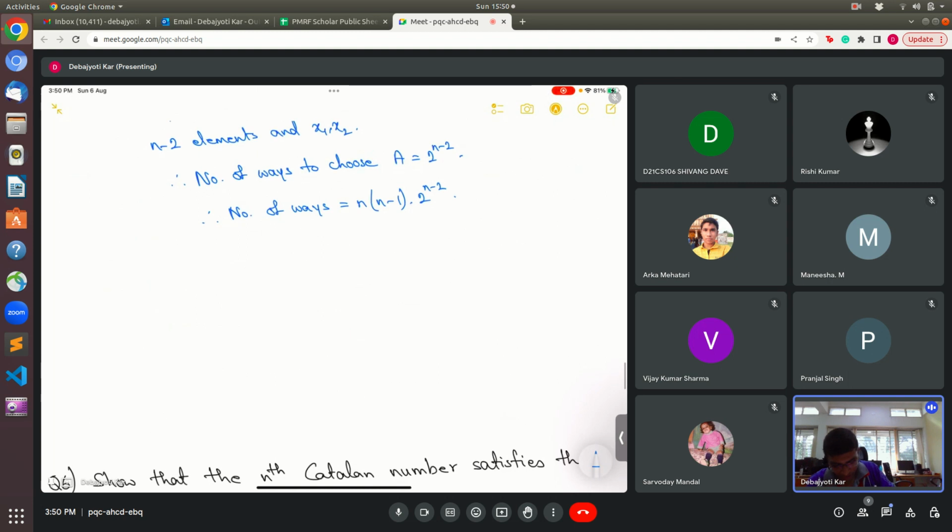Now the second case is when they are identical. Then the number of ways of choosing x1 and x2 is just n, because you have to select one single number and that is both x1 and x2.